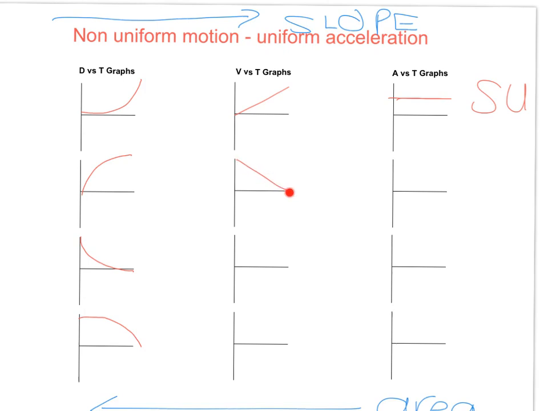Take the slope of that line. What's it going to be? It's going to be negative on the AT graph. Let's tie all these things together. It's so exciting. Look at fast to slow in the positive direction on that DT graph. Overall, this thing's moving positive, which means we have to be above the t-axis on the VT graph.